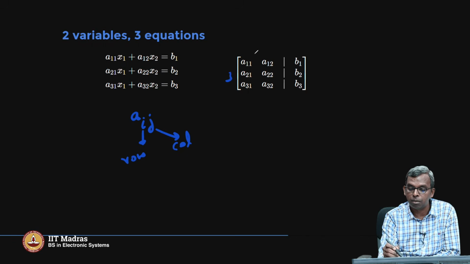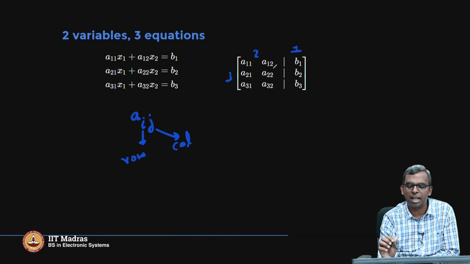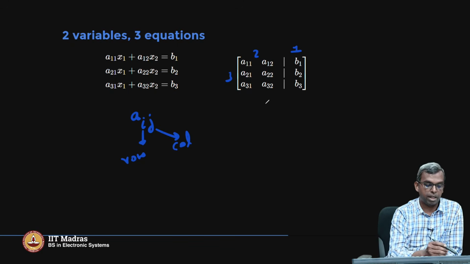So this is 3 by 2, and then the right hand side coefficients come as one column. Okay, so it's overall a 3 by 3 matrix, but I have to separate the left hand side and right hand side. So I put a line here to show that separation, and then I have 3 rows and 2 columns for these coefficients, just conveniently capturing the coefficients in a matrix.